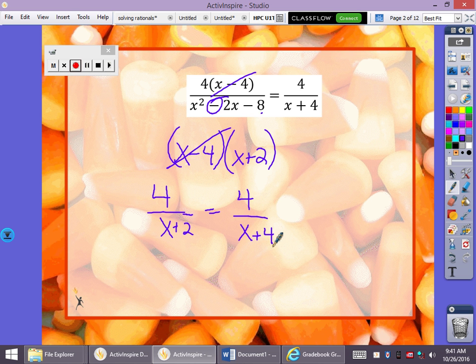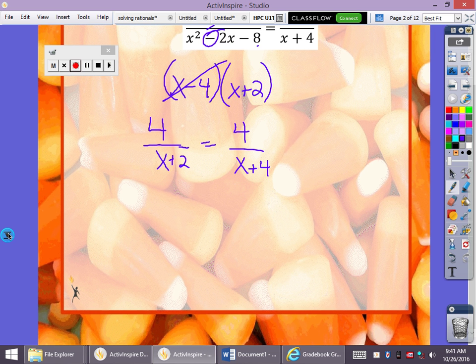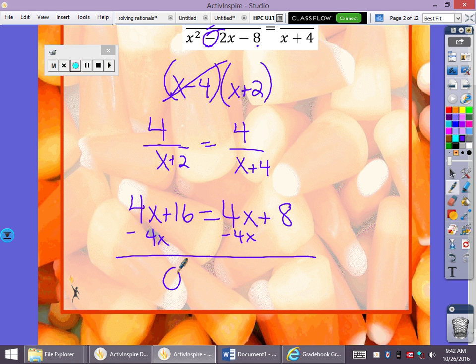Okay, now what am I going to do? Cross multiply. Okay, 4x plus 16 equals 4x plus 8. It can't work out. Why? All right, so if I subtract 4x, I get 0 plus 16 equals 8.